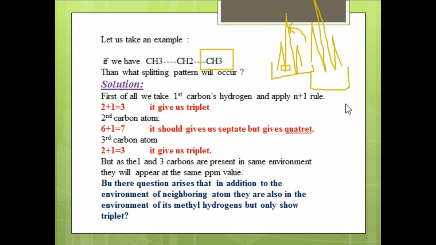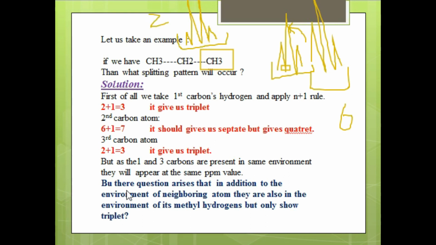The integration value comes out to be 6 instead of 3, due to 6 hydrogens instead of 3 hydrogens. And the methylene gives us a quartet as follows, and it gives us the integration value of 2.